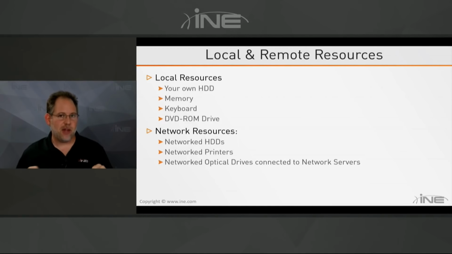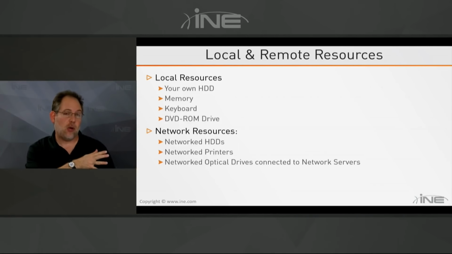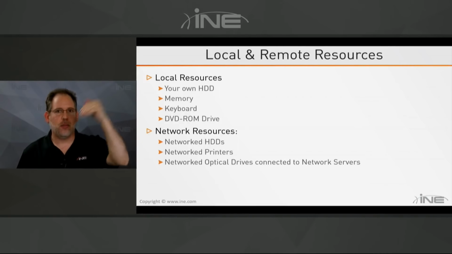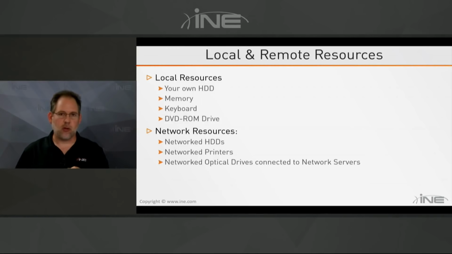Just by looking at the front of it, you can't tell if it's a local or remote resource. Now maybe you go around to the back of it and you say, aha, I see the printer has a special cable, a printer cable, and it's connected to the printer port on my PC. So that is a local resource. That's true for your PC, it is a local resource. But that very same printer could have a networking card in it. It could have a wireless card in it, and so it's also a remote resource for other people.